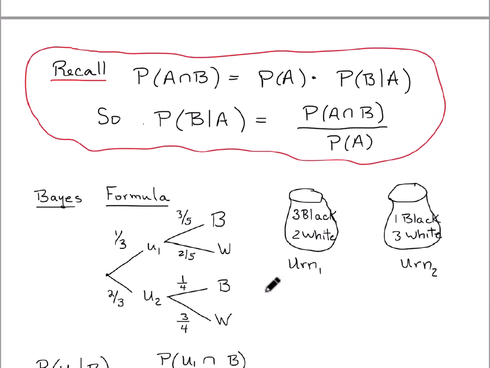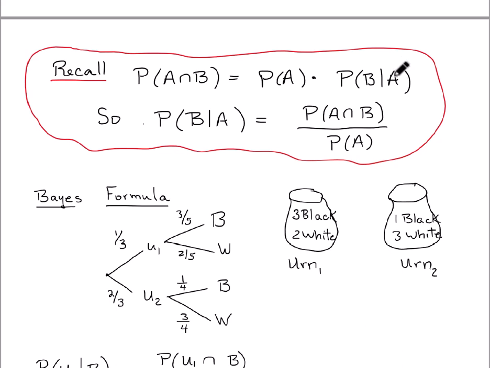So let's try to remember something. The probability of A and something, which we just used, is the probability of A times the probability of B, given that we are on the branch or A has occurred.